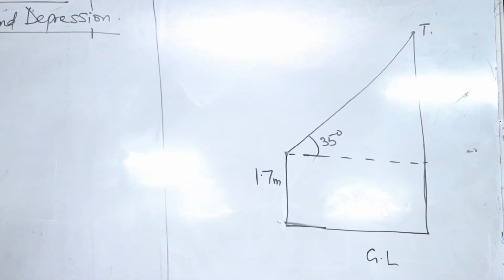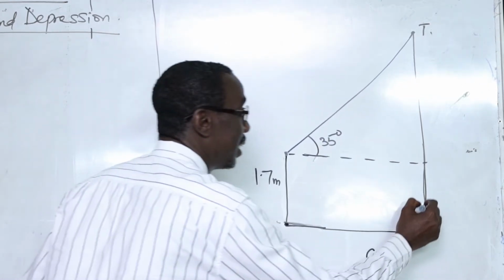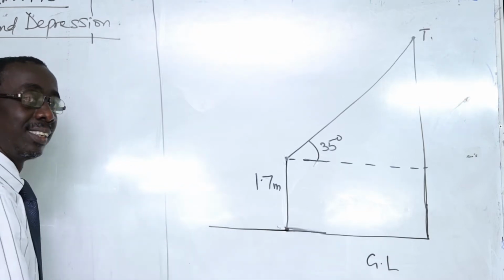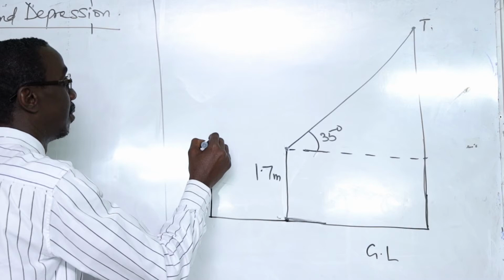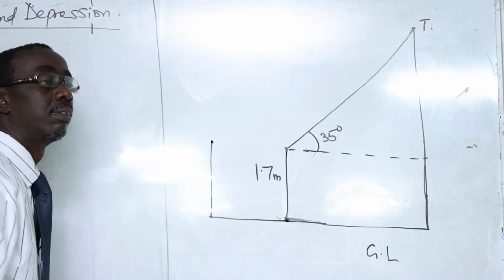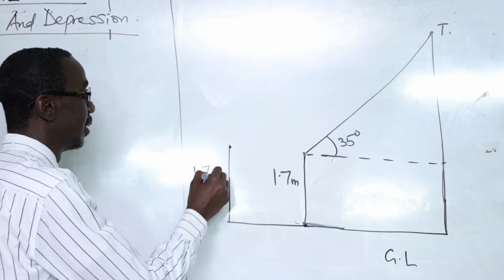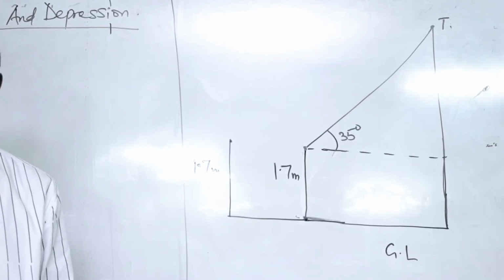Because if he says 50 meters away, it does not mean that if this is the tower, then it should move towards it. That is the meaning of away. Then this is where the man is now. And it's still 1.7. Will the height change? Thank you. That's common sense. The height will not change.